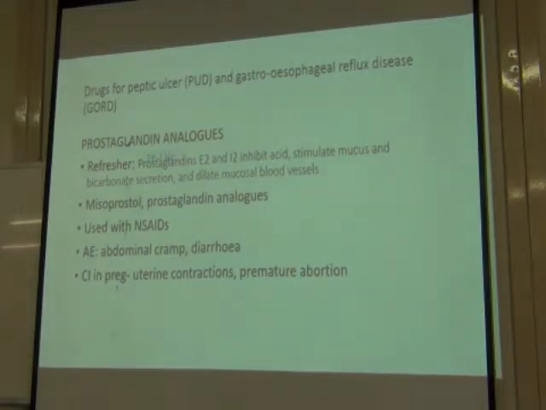Once you take NSAIDs, they inhibit cytoprotection, remember, except your selective NSAIDs. Your traditional NSAID inhibits the prostaglandin that functions for cytoprotection. But when you use misoprostol, it can elicit that cytoprotection in the patient.